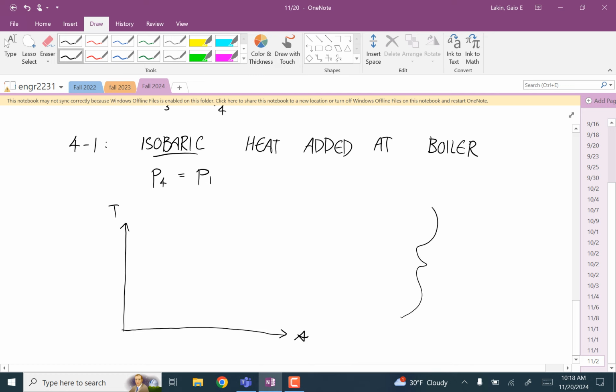People just call this a TS diagram. And in the TS diagram, you can see the vapor dome really clearly. And this is state 1.